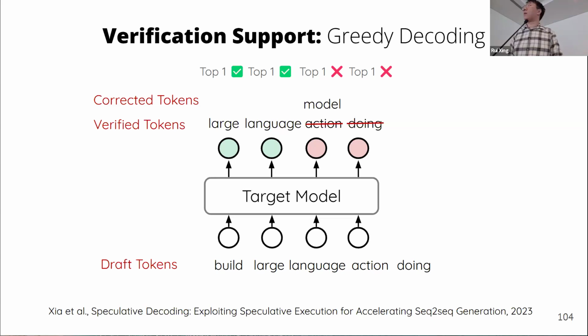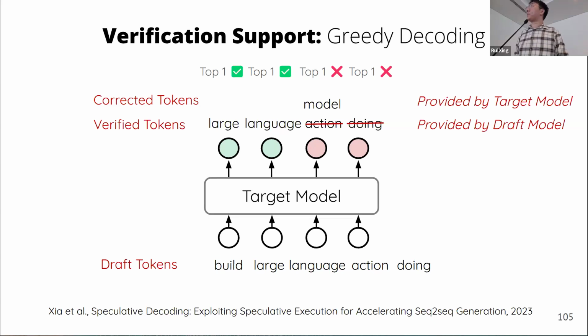So at each step, at least the model can decode one token. And this is greedy decoding. Also we can see the model token is provided by the target model, and the verified tokens are accepted by the model but provided by the draft model.